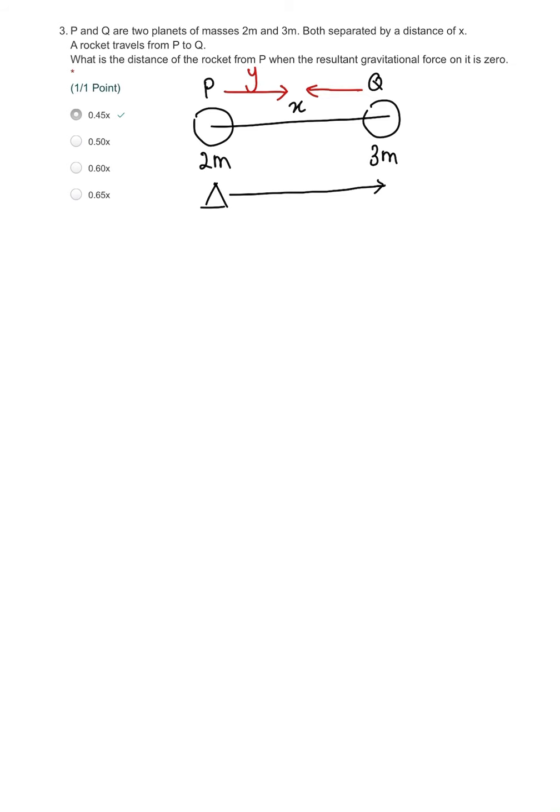Daripada point of view Q, dia punya distance adalah z. Now the resultant gravitational force on it is 0. So usually kita jawab Fp, gravitational force from P, minus, sebab Q is in an opposite direction, force from Q equals 0. So we can conclude that Fp is equal to Fq.